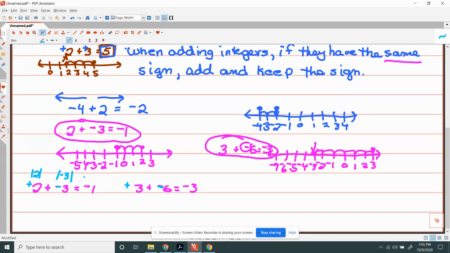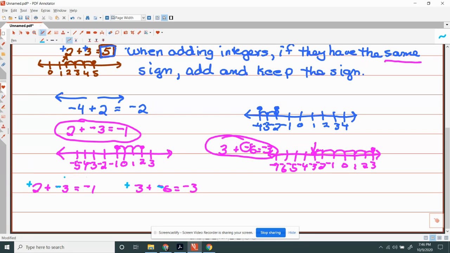Well, we know that the absolute value of 2 is 2. The absolute value of 3 is 3. If we thought of them that way, is there something that we could do to help us derive a rule to add integers with different signs?